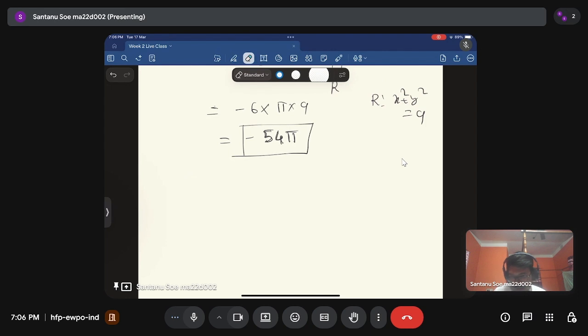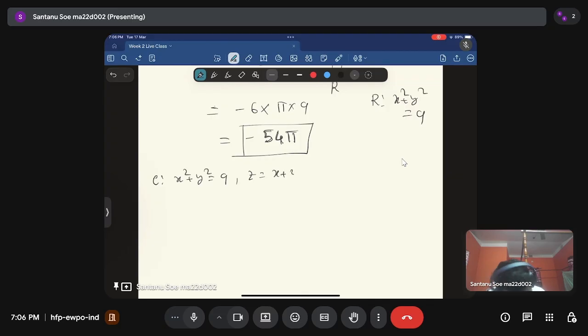Okay, so now we're gonna calculate the line integration. The curve is defined as x square plus y square equals 9 and z equals x plus 3.